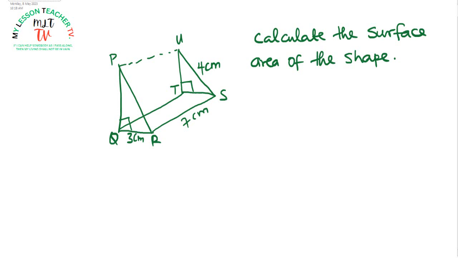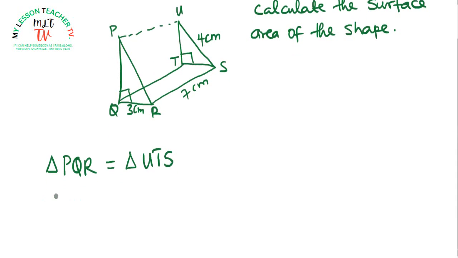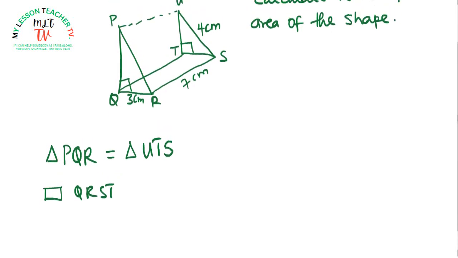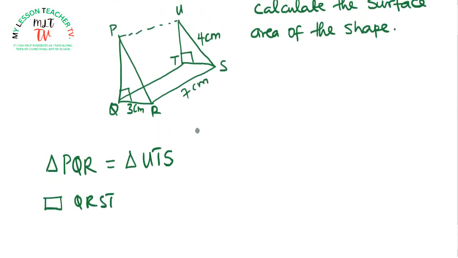Looking at it, I have triangle PQR, which I would say is equal to triangle UTS because they are similar triangles. I also have rectangle QRST, and if you look at the back of the shape, it is also made up of a rectangle.